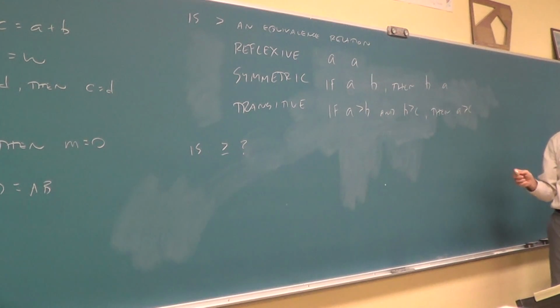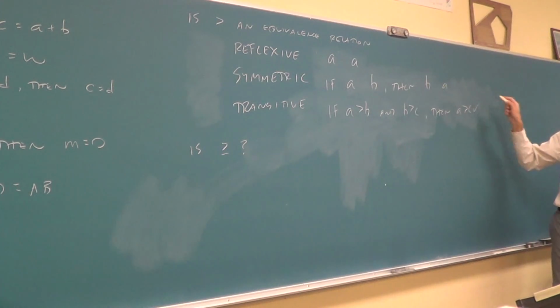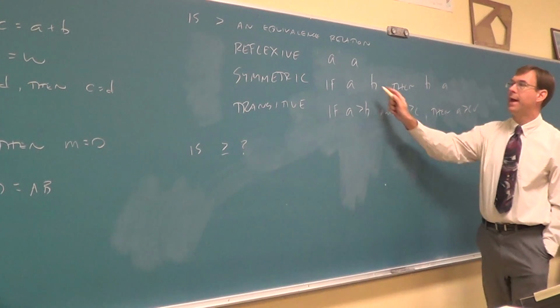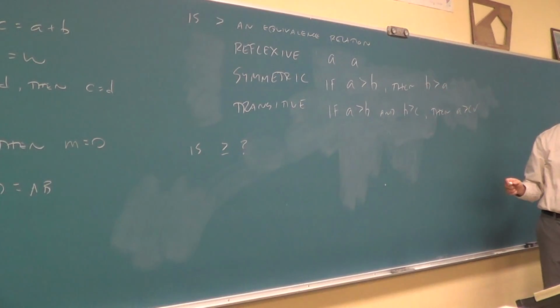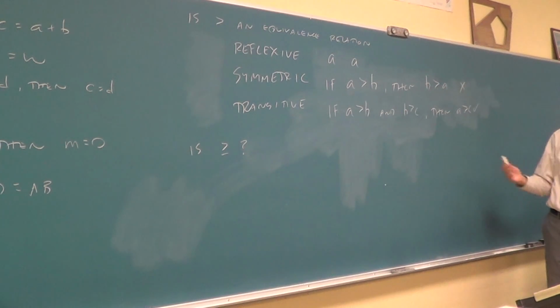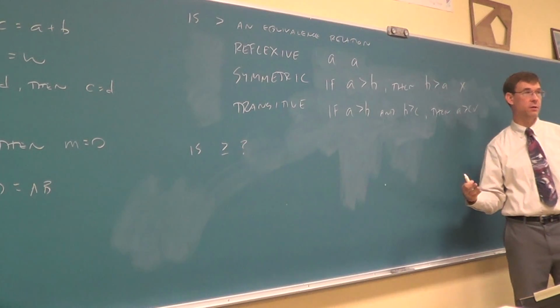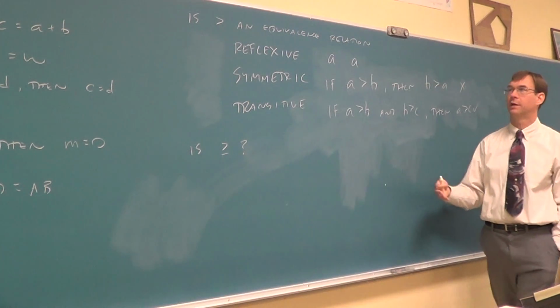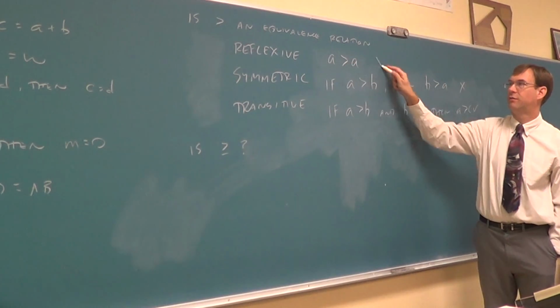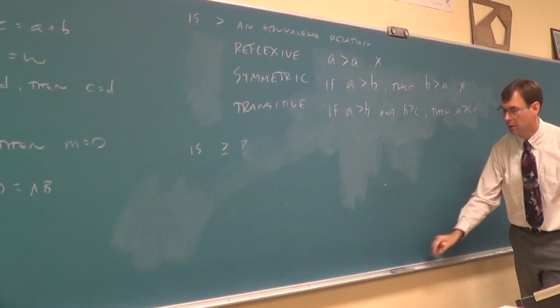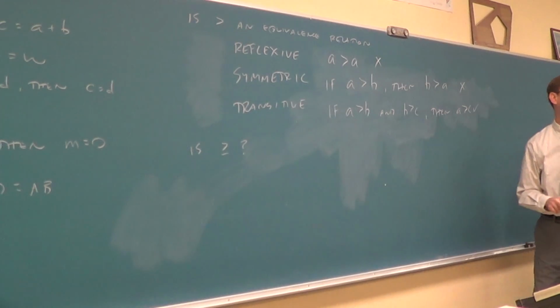Would A have to be greater than C? Yes, transitive works. If A is greater than B, would B have to be greater than A? No, that's false. So we failed one of the tests; greater than is not an equivalence relation. If we tested this out, is A greater than A? No, that's false. That didn't work. Question about the idea of equivalence relation?